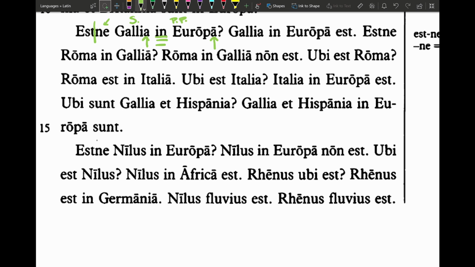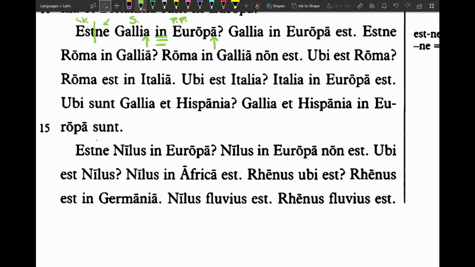So how do we translate this? It's a question. Okay, esne. So remember that ne also introduces a question that expects a positive or negative response. Okay, so it can be a yes or no response to its question. So our verb is actually right here and it's attached. So you'd say, is Gaul in Europe?